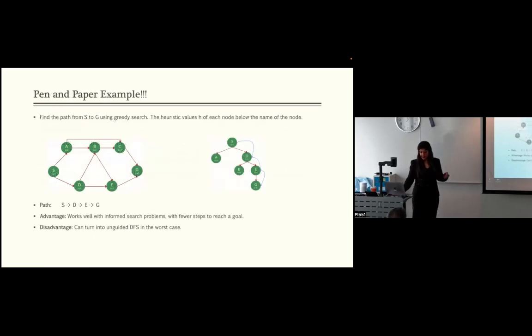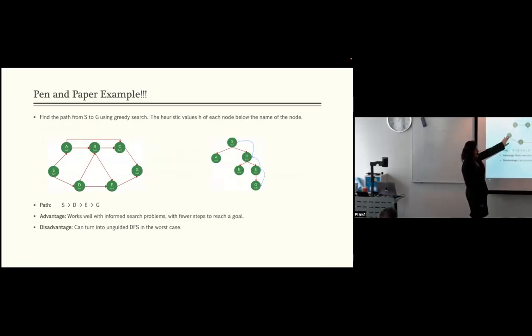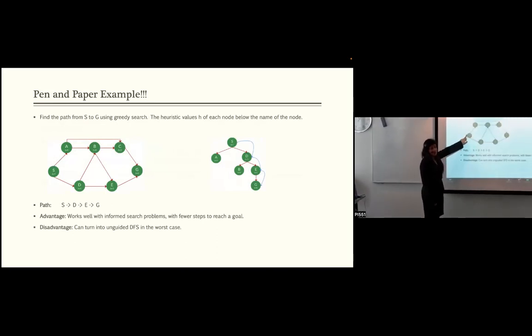So we start with the pen and paper example here. This is the graph we have, and the problem statement is we have to reach from S to G. Inside each node, we have the heuristic value instead of the cost of edges, like we had in uniform cost search. For this, we are using the priority queue as we used in uniform cost search. Now we have to decide.